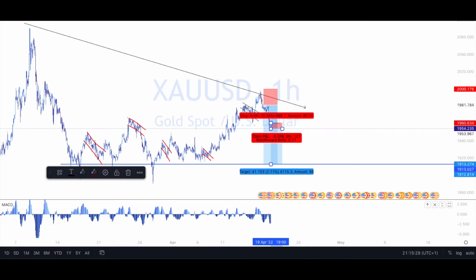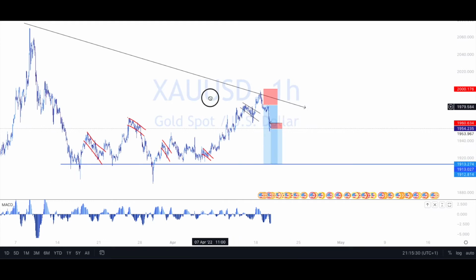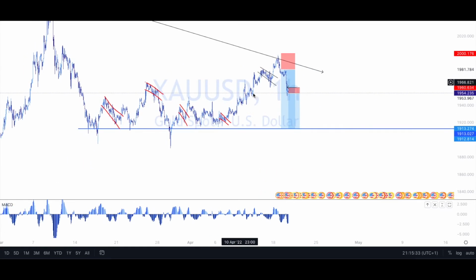Zoom out. Right, and I'm expecting price to get to this level over here. So let's hit play.